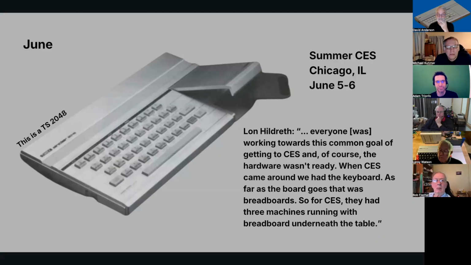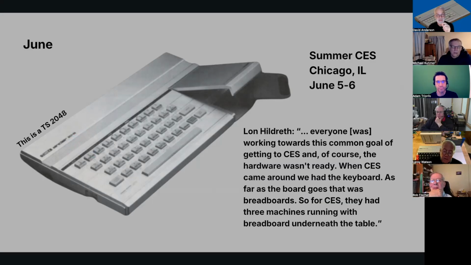So June, CES hits. Timex goes to Chicago, brings along some, in this case, 2048s. It's kind of hard to tell, but in this image you can make out that it's a 2048 and not a 2068. But really, all they had at the time was that box.